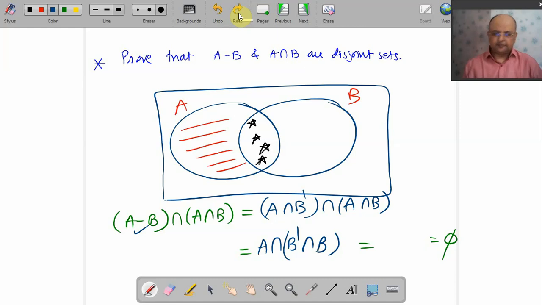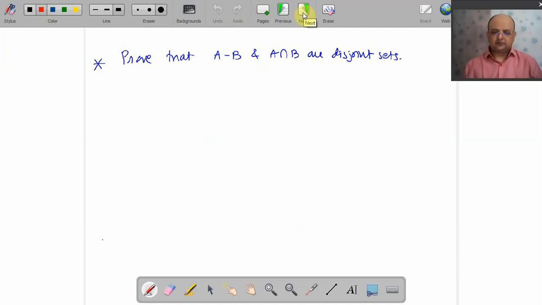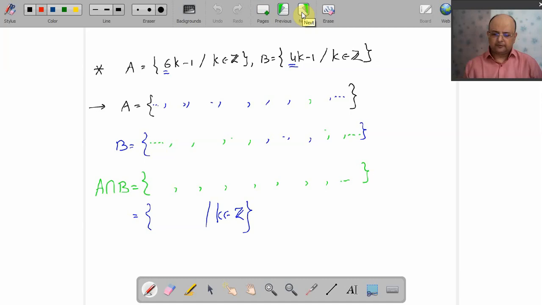It is one and the same. What is B dash intersection B? It is nothing but phi. So A intersection phi is phi. So A minus B and A intersection B are disjoint sets. Disjoint sets means nothing is common, their intersection is a null set. Okay? We go for the same proof again.